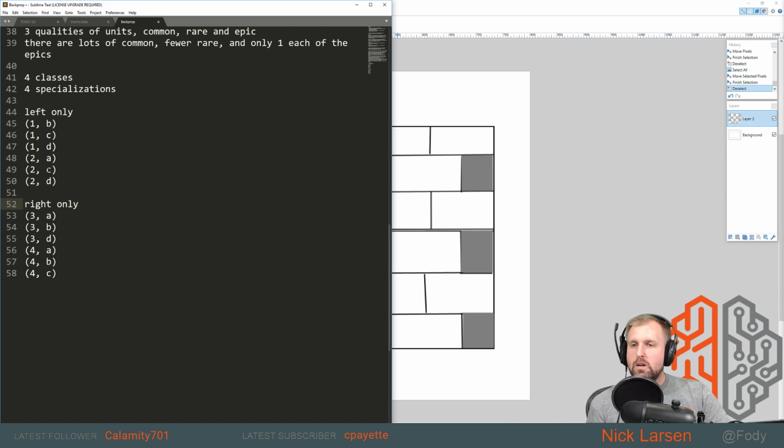And on the right, so let's say you did 1B and 1C, so they share a class. Then you could choose 4B and 4C.